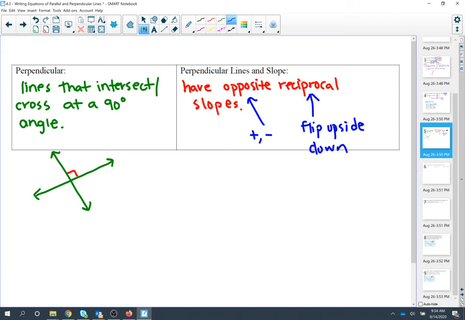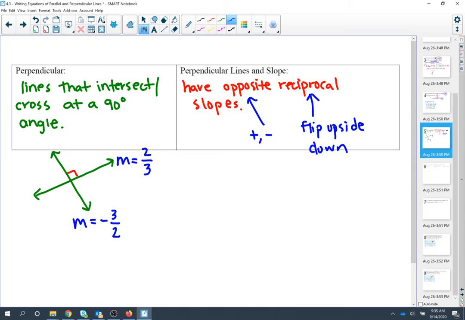So let's start here. Let's say that this guy has a slope of 2/3. And this guy is perpendicular. So first of all, instead of positive 2/3, we would have to do negative, because that's the opposite. And then the reciprocal, instead of 2/3, would be 3/2.